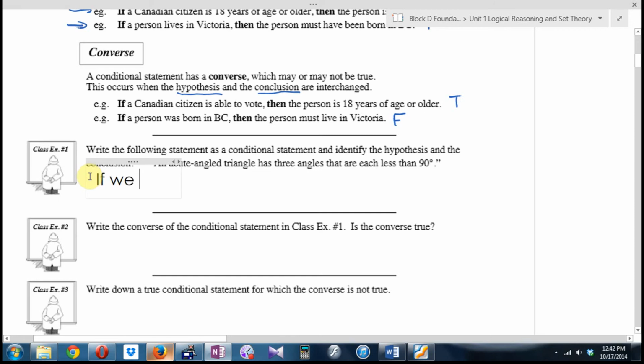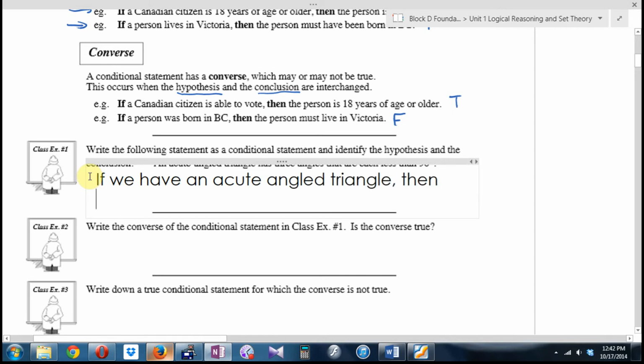If we have an acute angled triangle, then what? Can I use that for less than? I'm going to. 90 degrees.